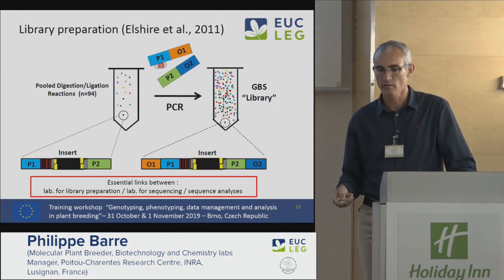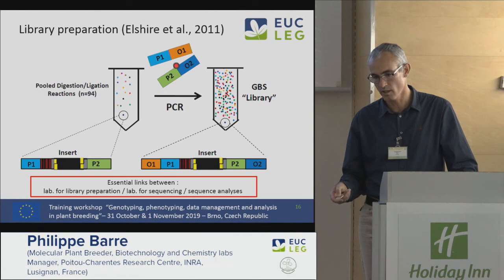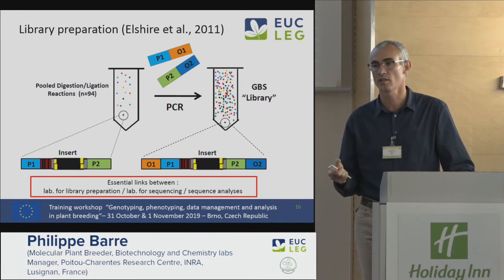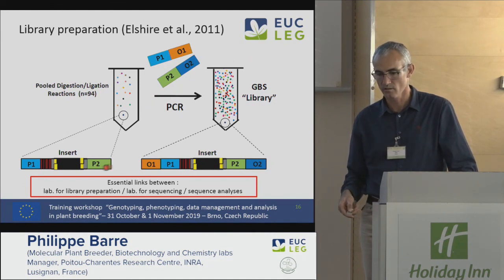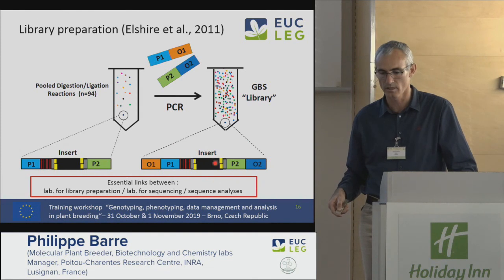So you recognize the P1 and P2, but in addition to that, you see O1 and O2. And this is a sequence that will be used for sequencing. So you have this after the ligation, and then after the PCR, you get something like that, with the insert in black in the middle.